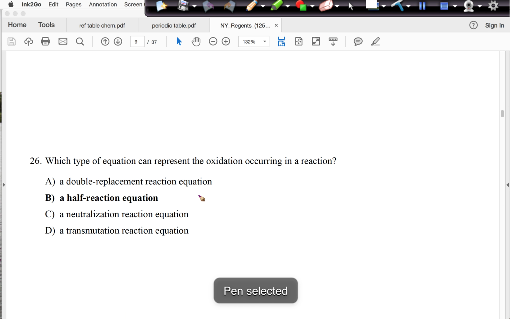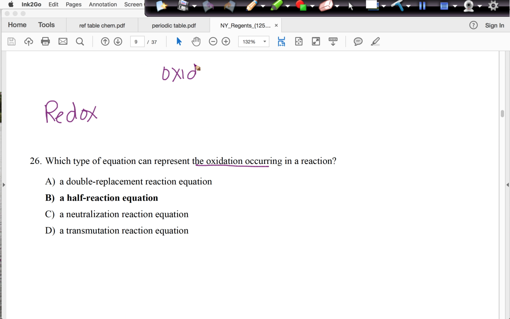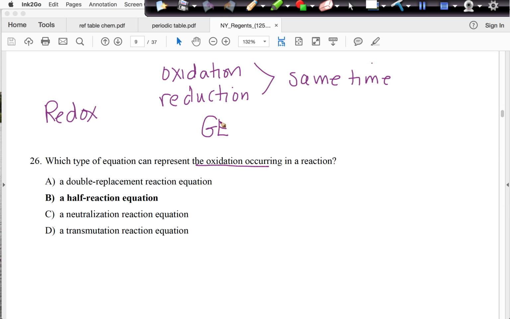When we talked about oxidation, this was part of redox, which is oxidation reduction. We said that oxidation and reduction always happen at the same time. We said that gaining electrons is reduction and the charge goes down.